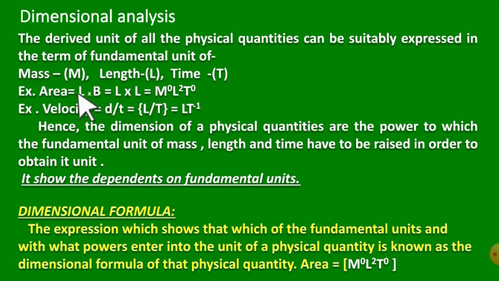Their units: for mass, the SI unit is kilogram and its symbol is capital M. Length is L, time is capital T, thermodynamic temperature is K, and ampere, the SI unit of electric current, is A. The mole of a substance is denoted by mol.